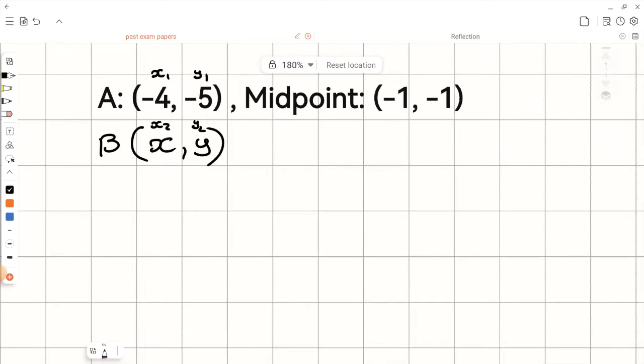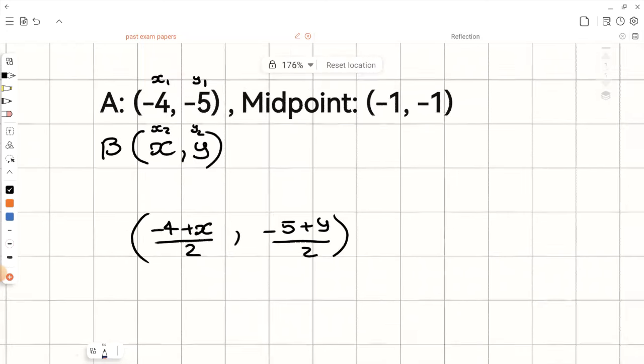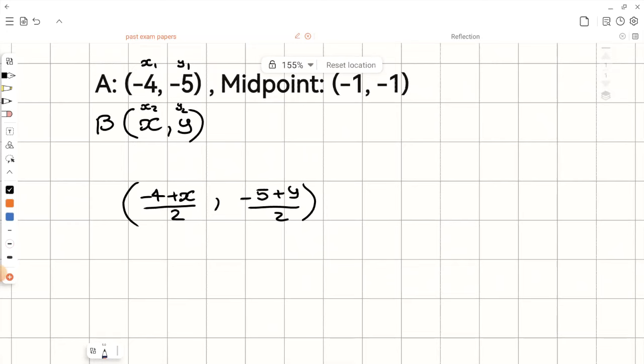So we're going to have (-4 plus x) divided by 2, comma, (-5 plus y) divided by 2. As we said in the previous example, if we add x1 and x2 and divide by 2, that's going to give us the x coordinate of the midpoint, which is -1 in this case.